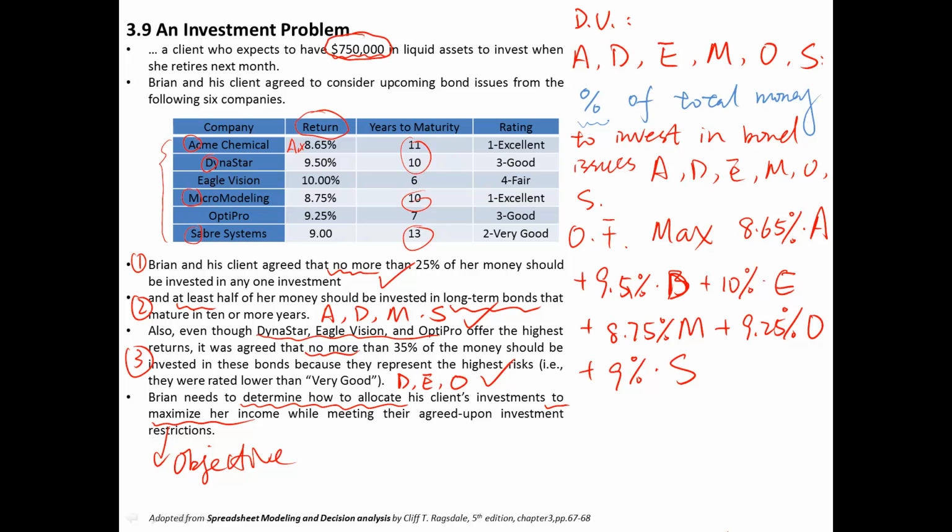How should we change our model to represent this change of decision variable definition?